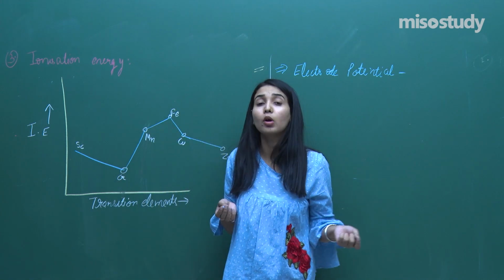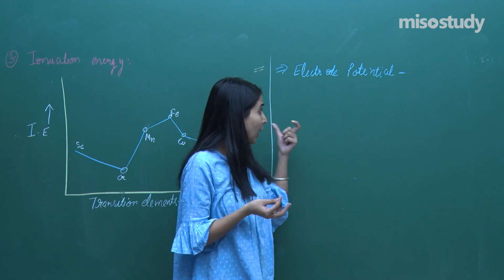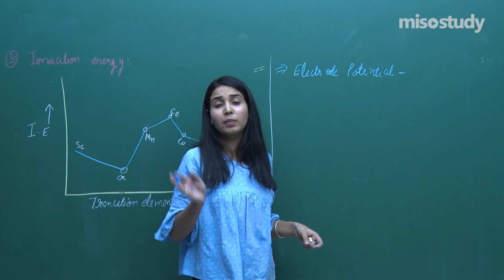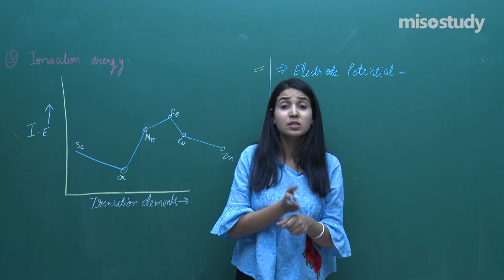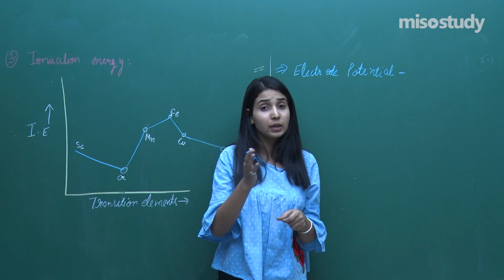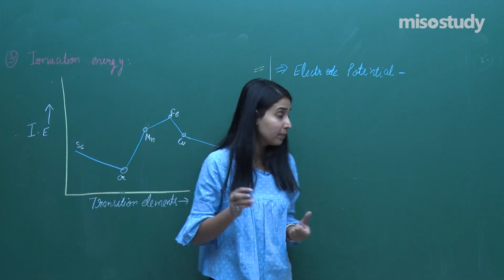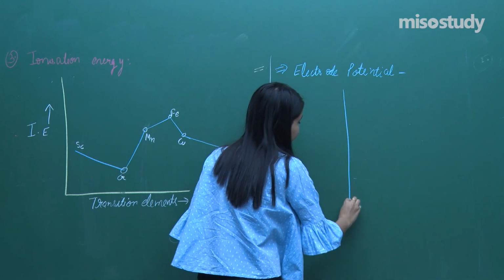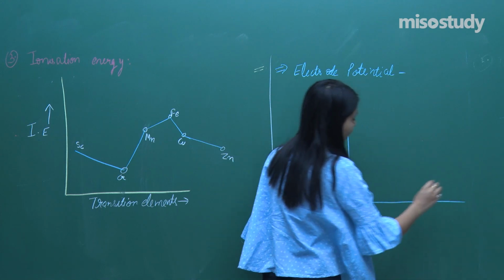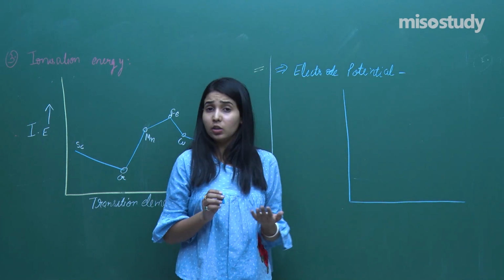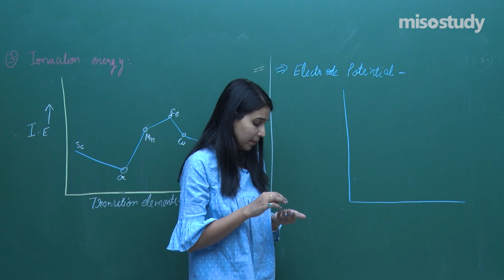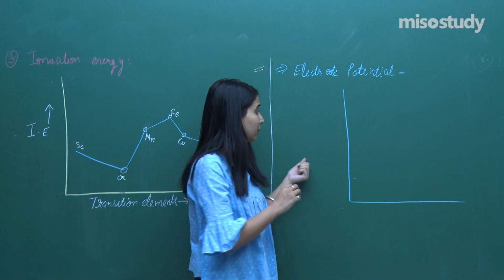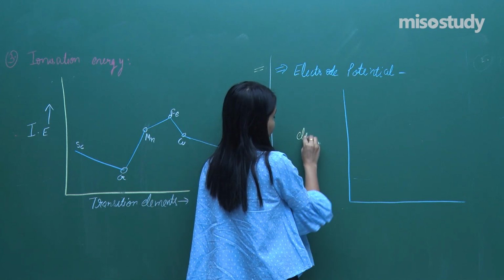The only thing that matters in this case is that this is based on thermodynamic activities. I have this particular trend, and again I have taken up the value of your electrode potential.